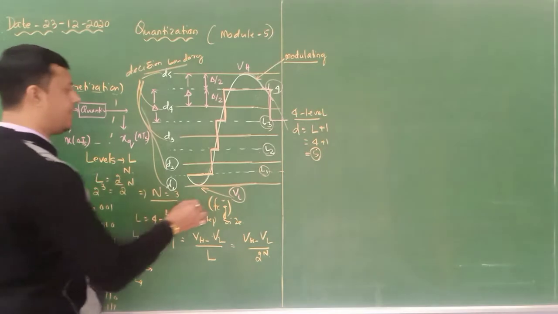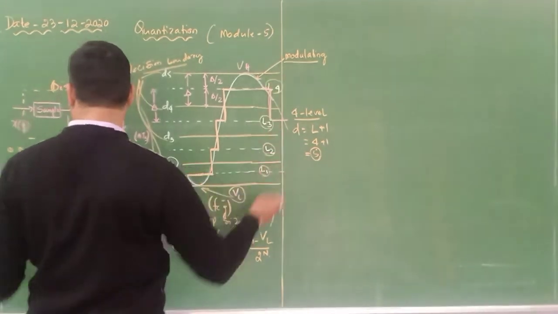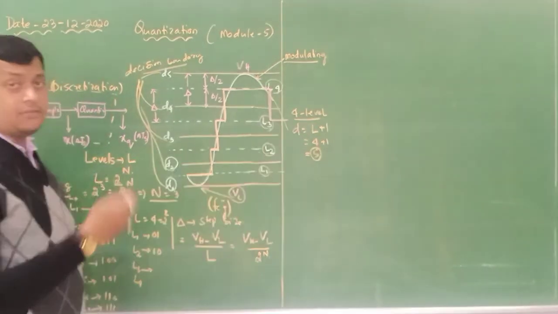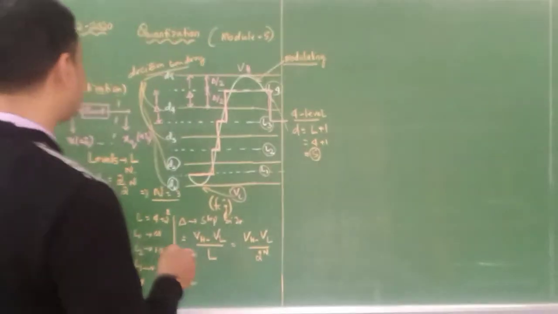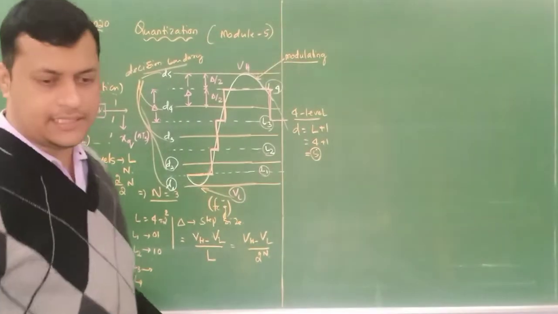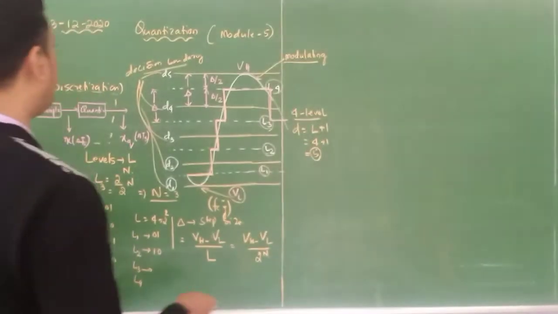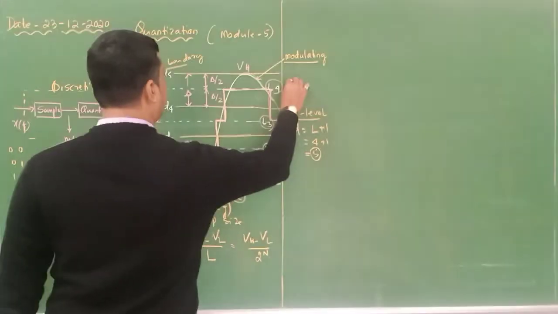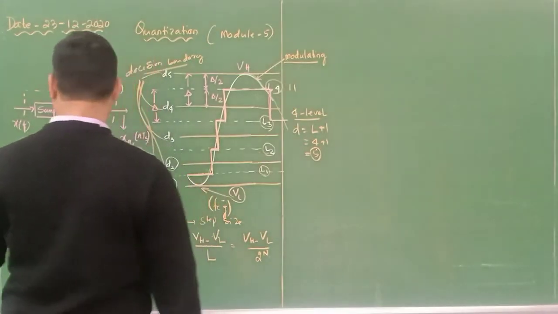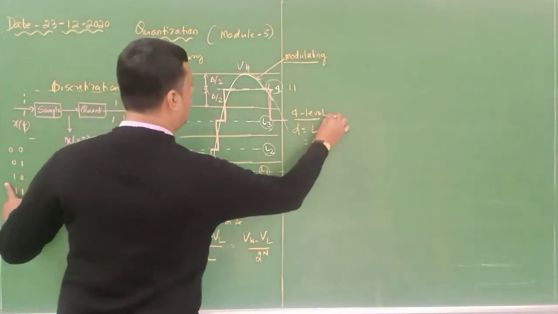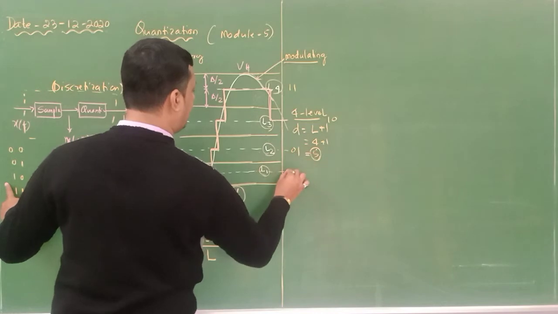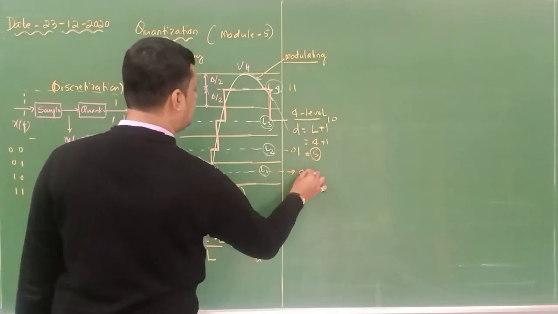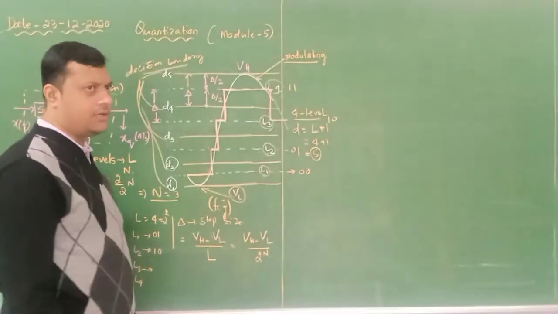So L1 you can represent with 0 0 or any of these combinations. Here it is 1 1, then 1 0, then this level will be 0 1, and this level will be 0 0, because there are 4 levels.